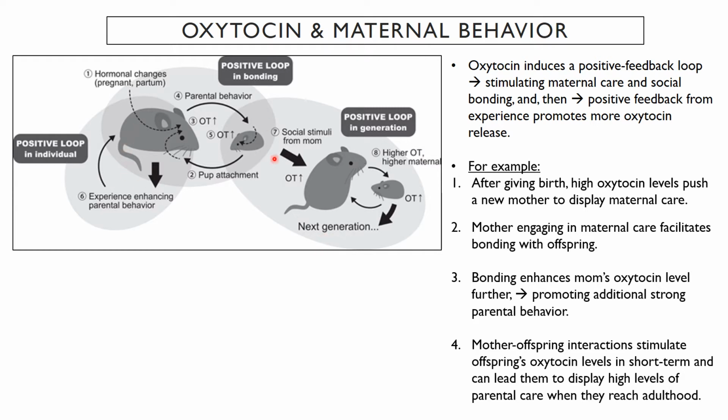So we can see positive feedback loops happening within an individual, across individuals, within one generation, and even across generations. So, multiple positive feedback loops.